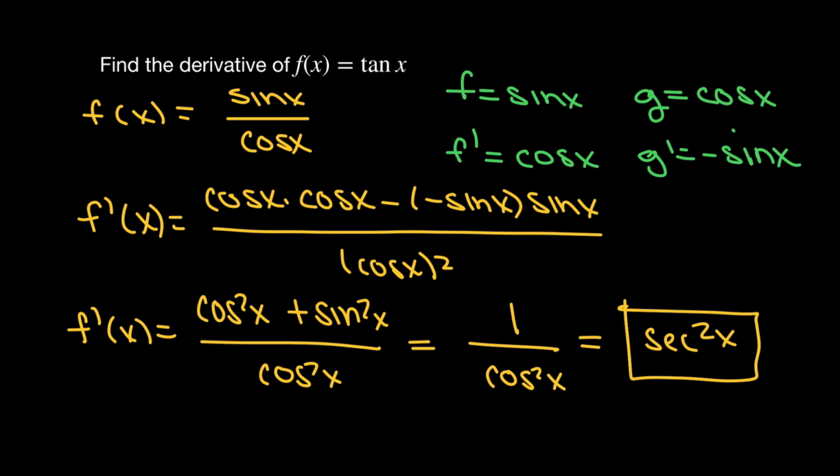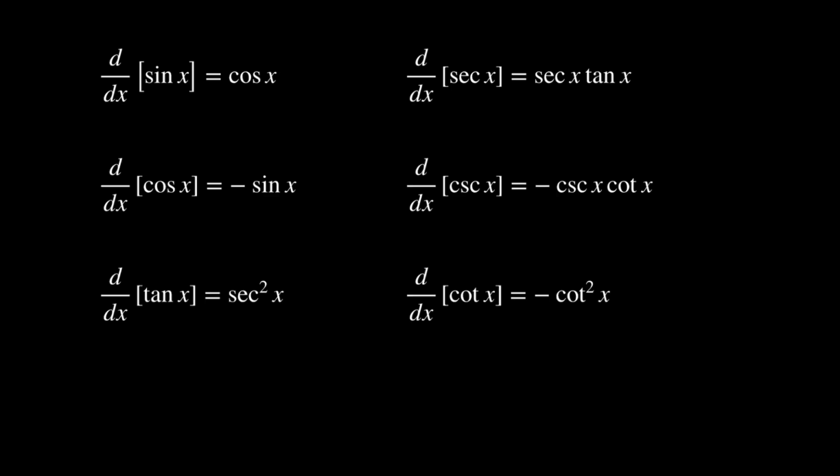So the derivative of tangent of x is secant squared of x. Now, that proof wasn't quite as challenging as the first one, but for most people, again, I think it is going to be easier to just memorize the derivative of tangent x is secant squared x. And in fact, having these derivatives memorized is going to help you when we move on in the course, and especially if you're planning on taking Calc 2 after this.